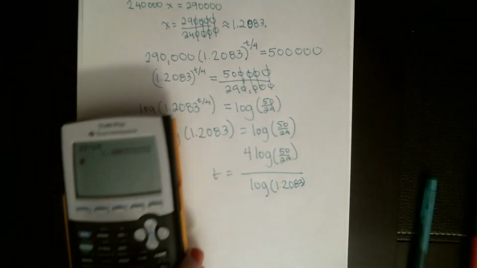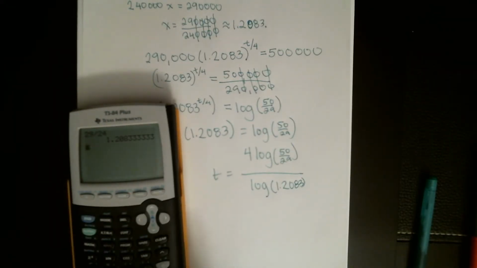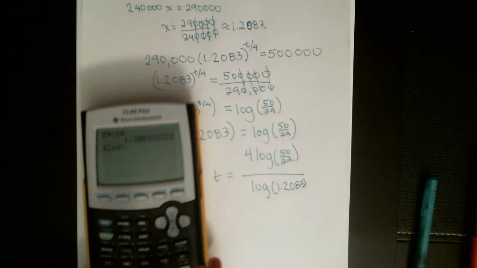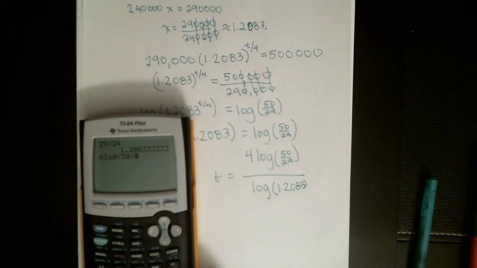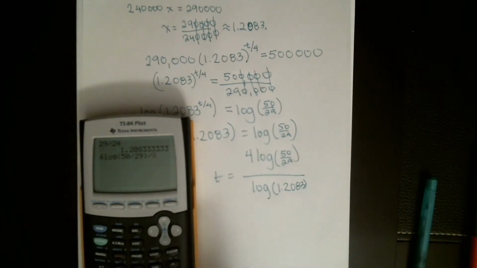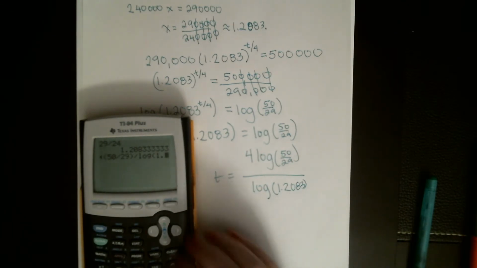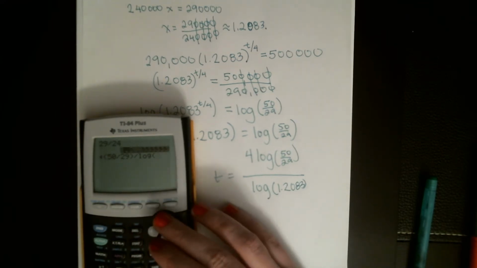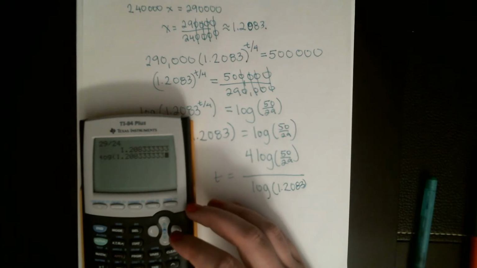Okay, and then I'm going to plug that whole mess into my calculator. So I have a 4 times the log, the common log button is right next to the number 7, of 50 over 29, divided by the log of 1. And you know what? I can even do one better. I still have this number sitting in my calculator, so I'm just going to arrow up and use that whole thing.